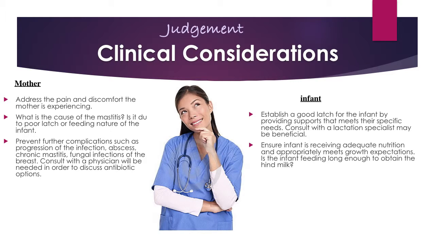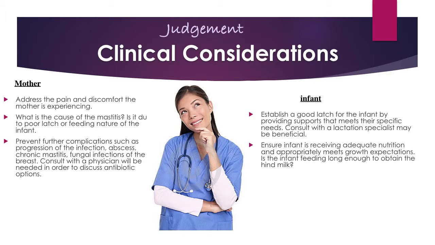Caring for a mother with mastitis and an infant with Down syndrome can be complex. The priorities for the care of this dyad include: 1. Addressing the pain and discomfort of the mother while also treating the infection. Consult with a physician will be required to determine the appropriate antibiotics. 2.